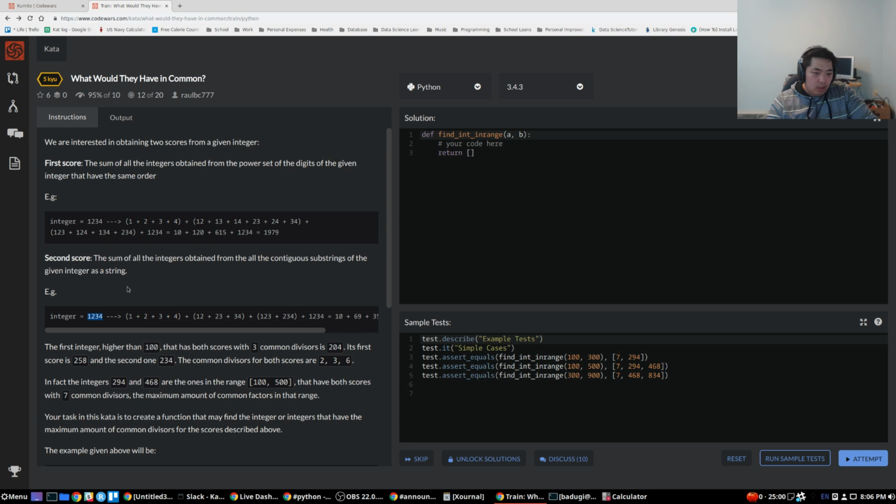That has both scores with 3 common divisors is 204. Its first score is 258 and the second one is 234. What are we talking about here? 100? Wait, hold on. Okay, 204? What?